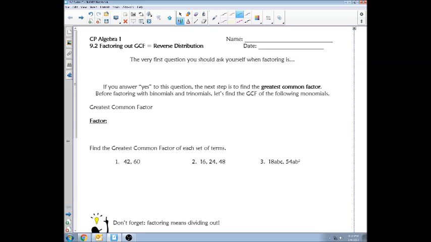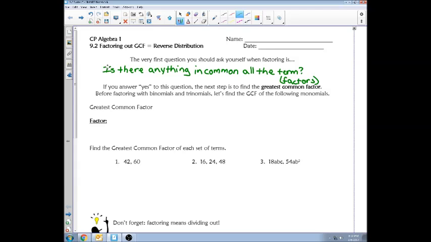It's called GCF. The very first question you should ask yourself when factoring is: is there anything in common among all the terms, or all the factors, really?